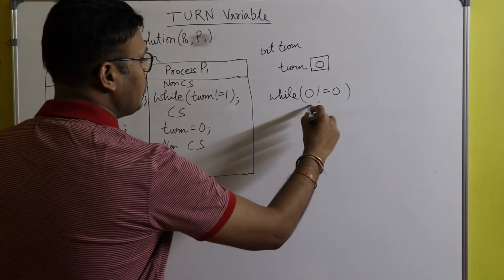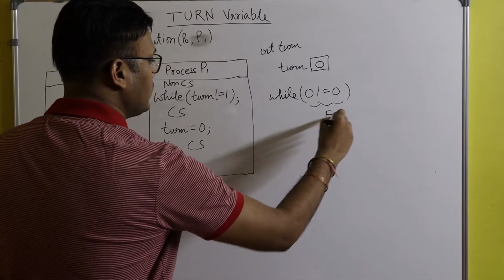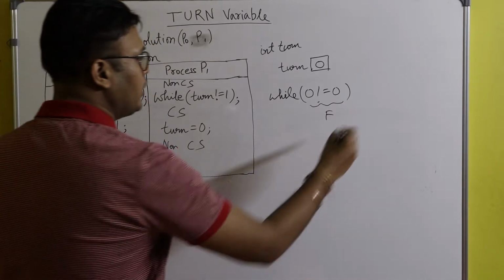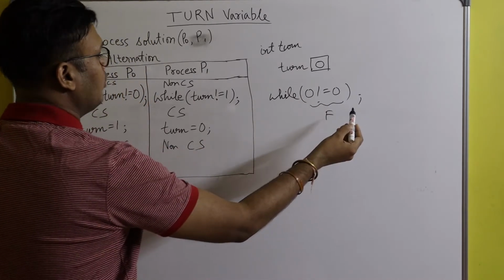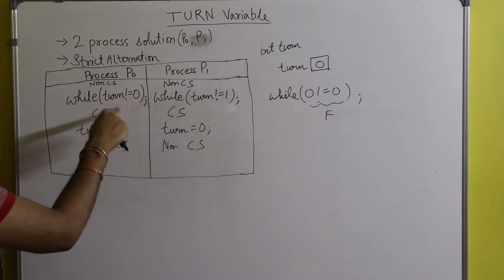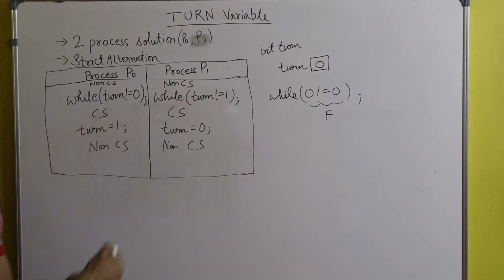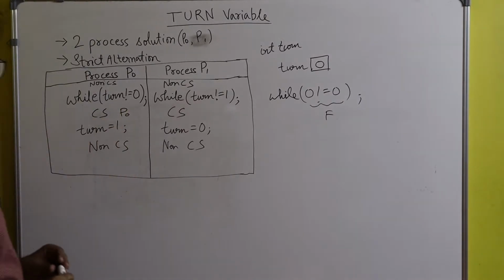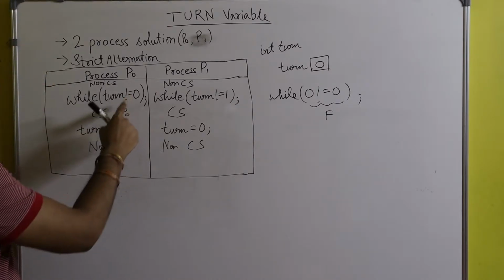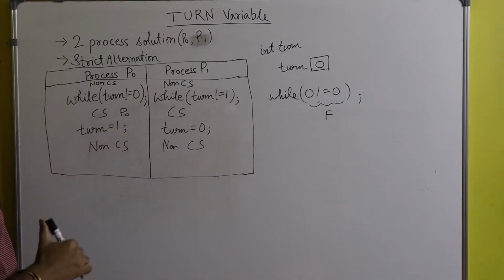This condition is false. Here there is a semicolon, so the while loop will be broken. So P0 can successfully enter into the critical section. So here P0 will come and sit here. So P0 has successfully entered into the critical section.